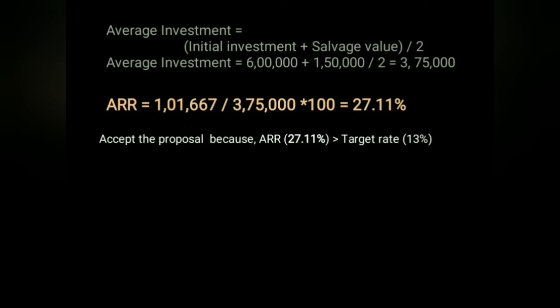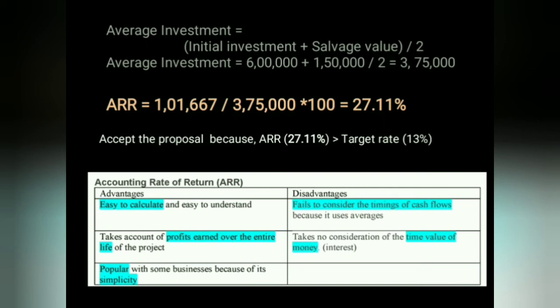In the same way, we have to calculate the ARR method. Here we have some advantages and disadvantages of the ARR method, a non-discounted cash flow method. What are the advantages of the ARR?